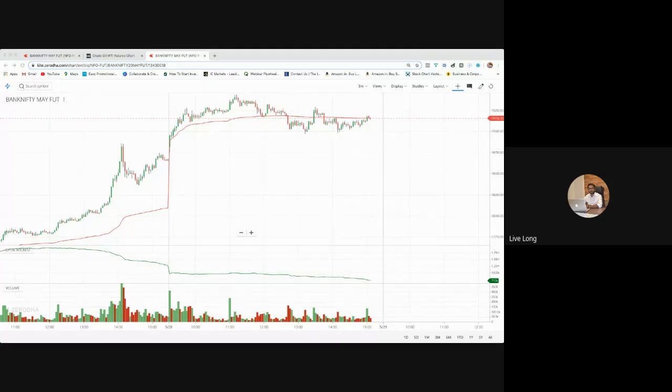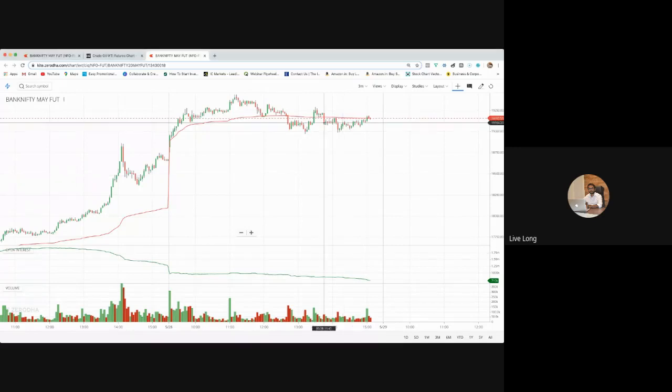Yesterday we talked about support and resistance. I also told you support is a price level from where we expect the stock price to pick up, and resistance is a price level from where the stock price drops down.